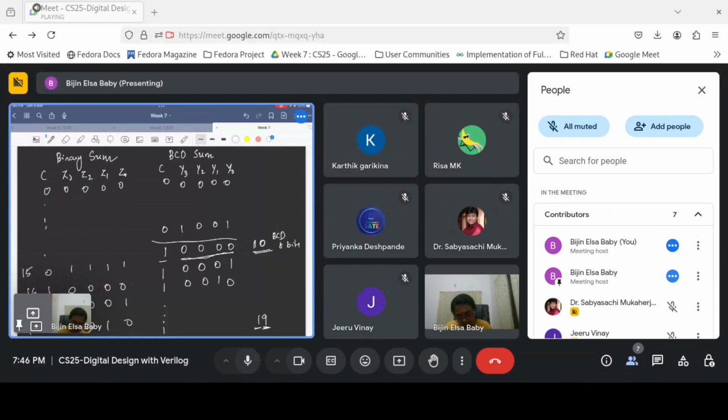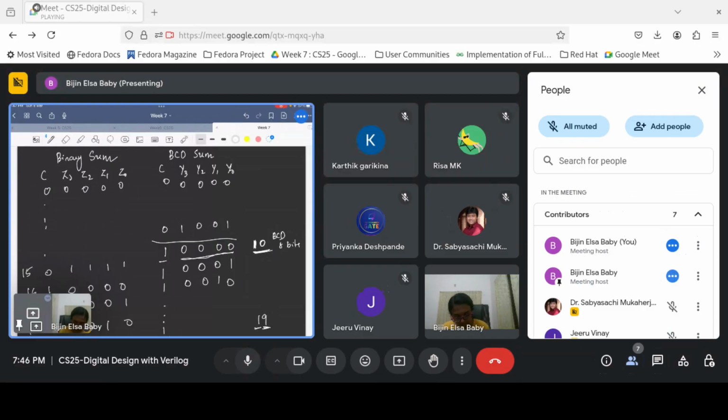So here 10 is 16, right? For 10, you need to add a 6. So when the binary sum is greater than 9, then add binary 6. If you take 10, then it is 16; that is, with 10, you have added 6.